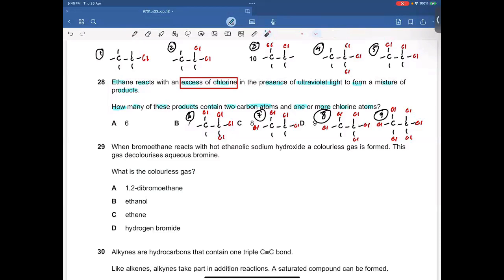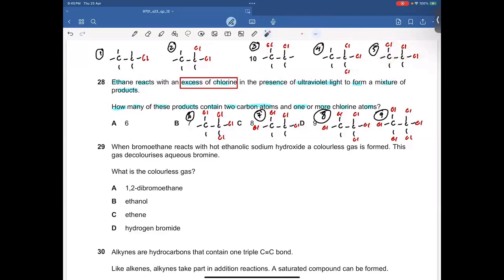So remember, when the number of chlorine atoms increases during a free radical substitution reaction, the chances of the formation of isomers also increase. Like in this scenario, if 2 chlorine atoms are attached to 1 carbon atom, it might be that each carbon has 1 chlorine. So both of them are isomers of each other. If 1 carbon has 3 chlorines, the isomer might be that this carbon has 2 chlorines, whereas this carbon has only 1.